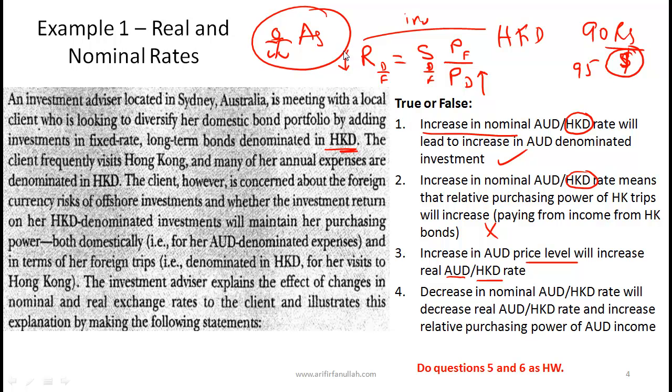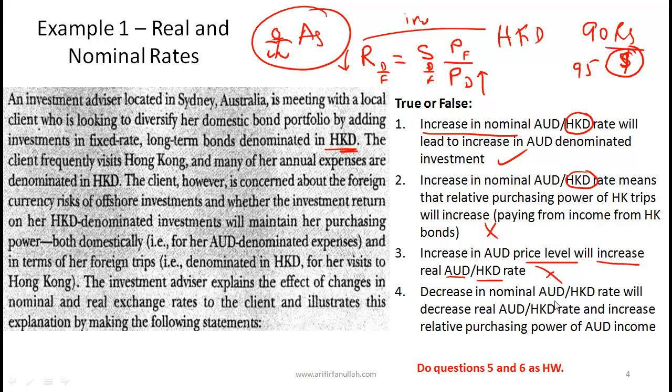Imagine, just go back to Pakistan. When the exchange rate declines, it's the domestic currency that has strengthened. So when this rate goes down, the domestic currency, which is the Australian dollar in this context, strengthens. So is this statement true or incorrect? This is false, because that real rate is actually going down. So that statement is false.